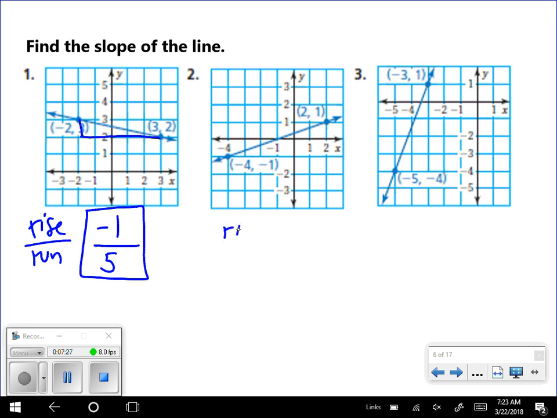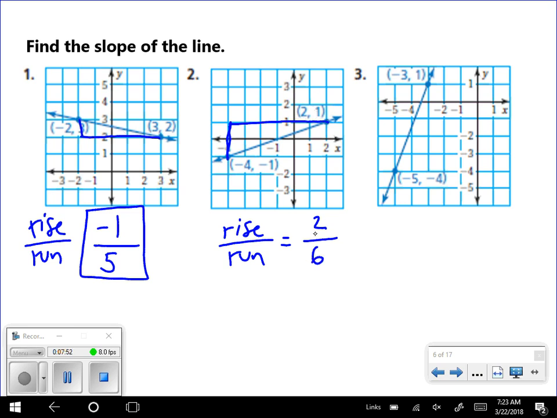Okay, rise over run here. So we're going to count how many we went up. In this case, we have that positive slope we were talking about. So I can count the rise, 1, 2. If that picture helps. And then over 1, 2, 3, 4, 5, 6.